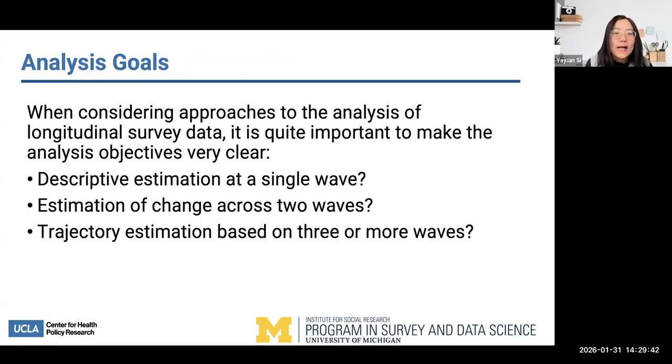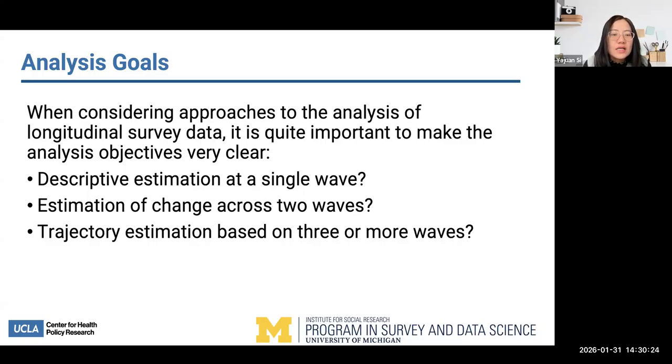So after we have constructed the weights and evaluated the quality of the weights, we need to decide how to include the weights in our analysis. When considering approaches to the analysis of longitudinal survey data, it is very important to clarify the analysis objectives. So with longitudinal data, we can be interested in descriptive estimation at a particular wave, say at baseline or at wave 6.